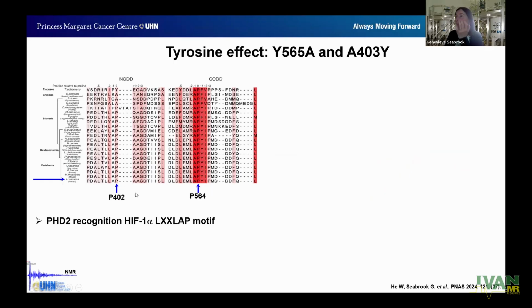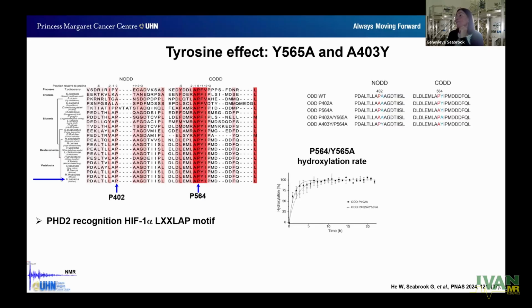So the question is, why is 564 getting hydroxylated a lot faster? We decided to look at the difference. The difference is that the amino acid that is following proline 564 is a tyrosine, compared to P402, where you've got an alanine.